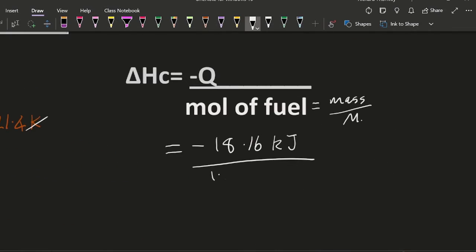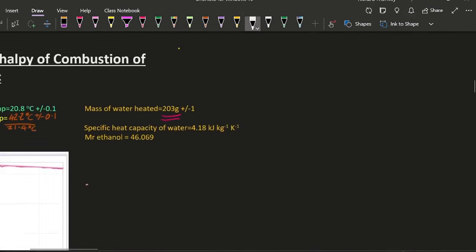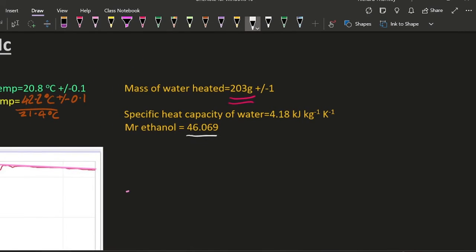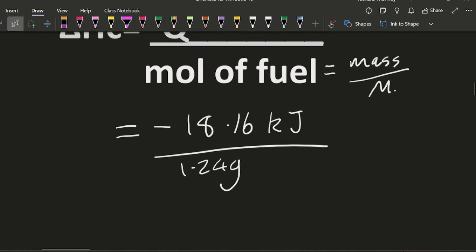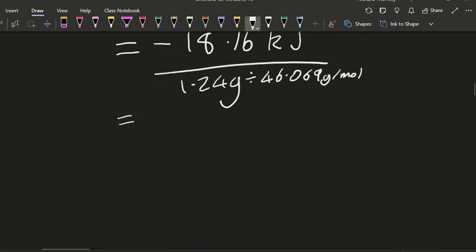So I've got 1.24 grams, and the relative molecular mass of ethanol is 46.069. So I'm going to divide by 46.069 grams per mole. What does that give me?